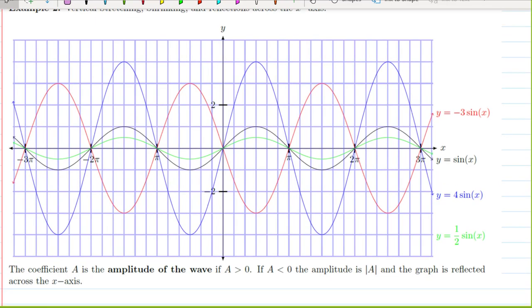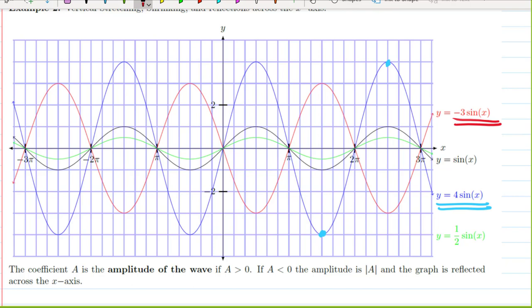So the vertical stretching and shrinking has to do with the same thing. If we multiply by a number bigger than 1, it's going to stretch the graph. So if we look at our graph in blue right here, we have multiplication by 4. And that took our graph and stretched its y values, which its biggest y value is 1, and stretched it all the way out here to 4. And its smallest y value all the way down here to negative 4.